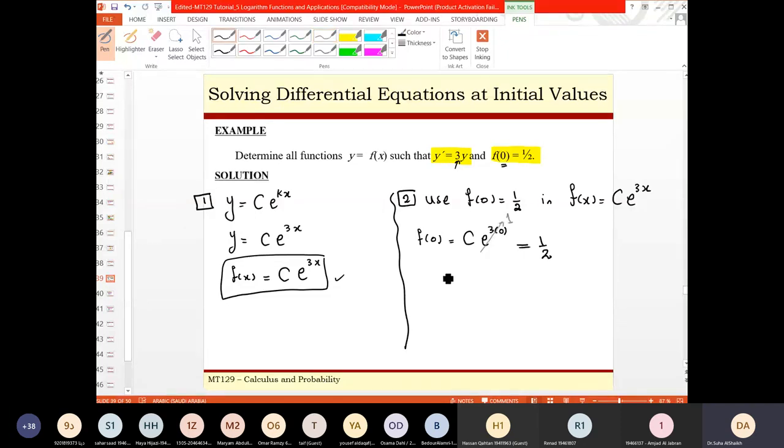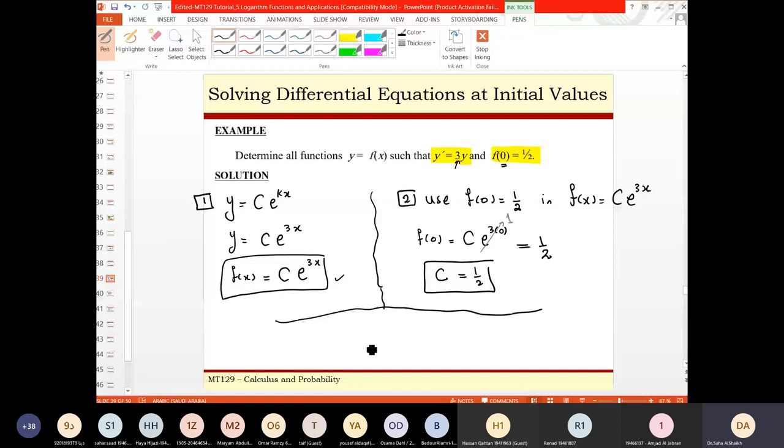So I end up with c equal to half. I found the value of c. So this gives me my function: f of x equal to half exponential to the power 3x. So now I have the full solution of this differential equation, even with the c.